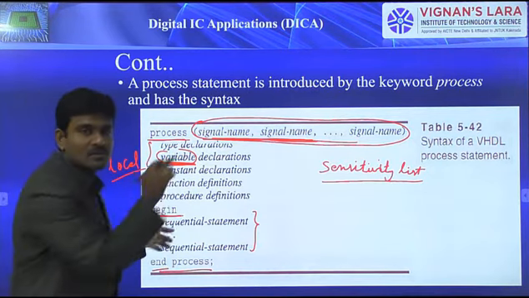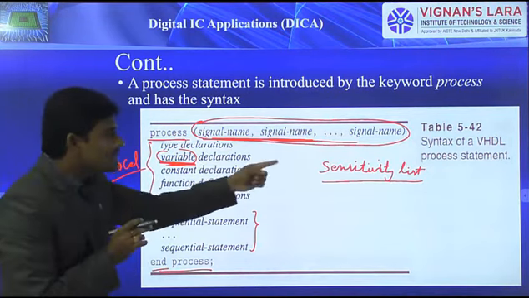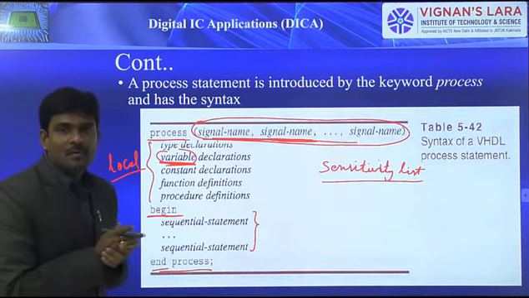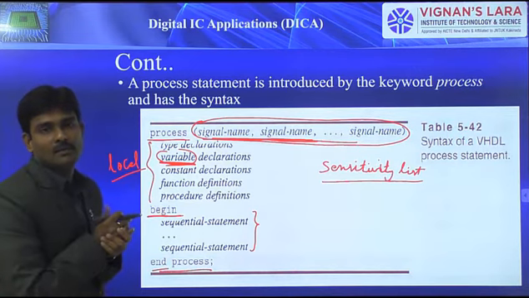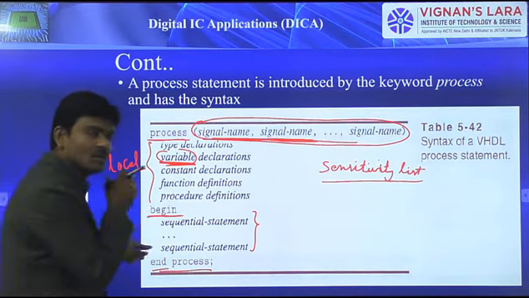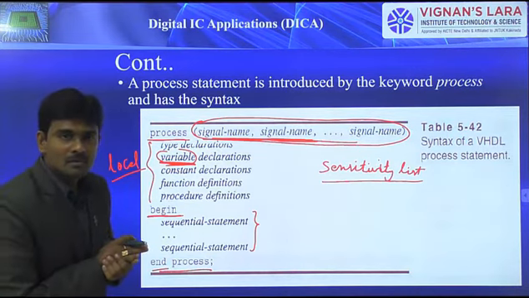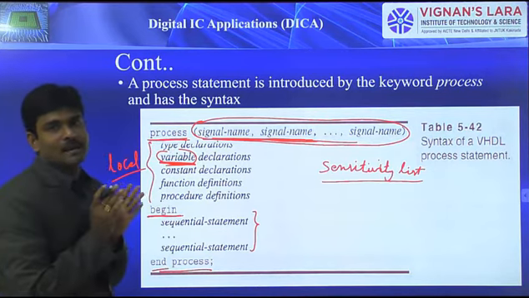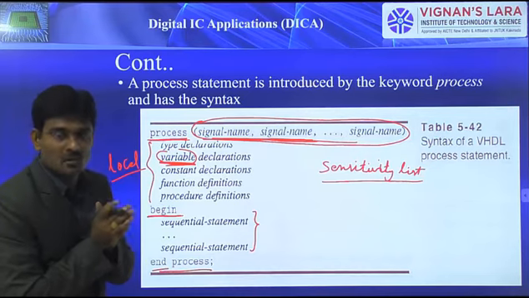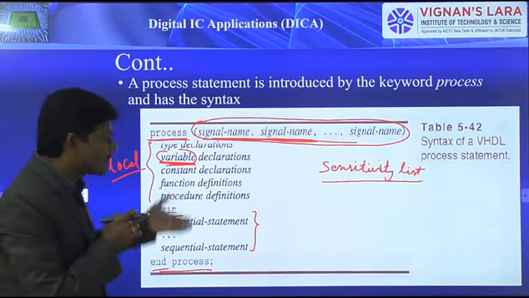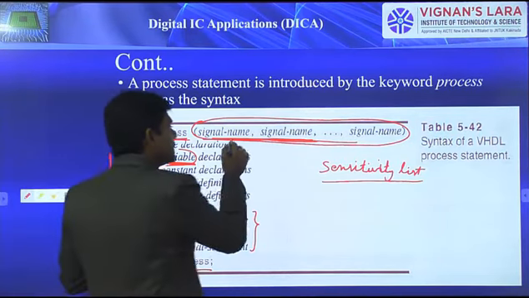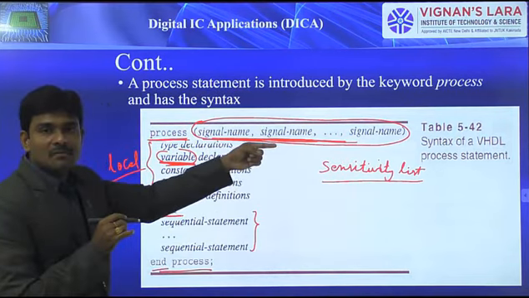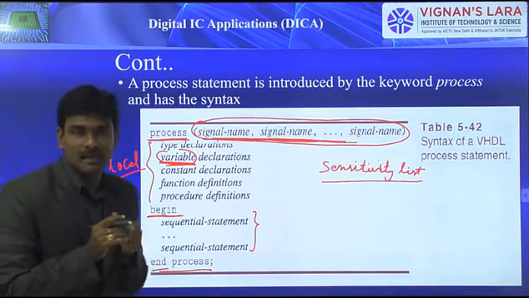Initially, while you are simulating and executing this program, the process is in suspend and is not going to run. It starts to run when there is any variation in the value of the signals mentioned in this sensitivity list.